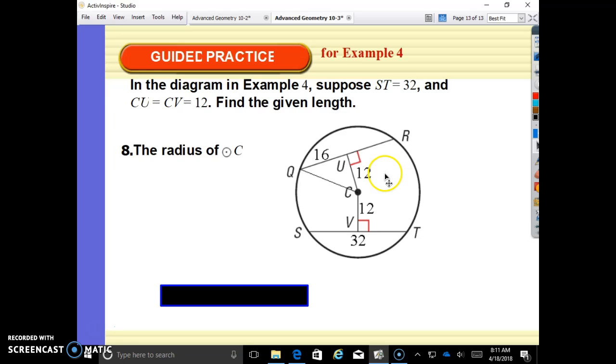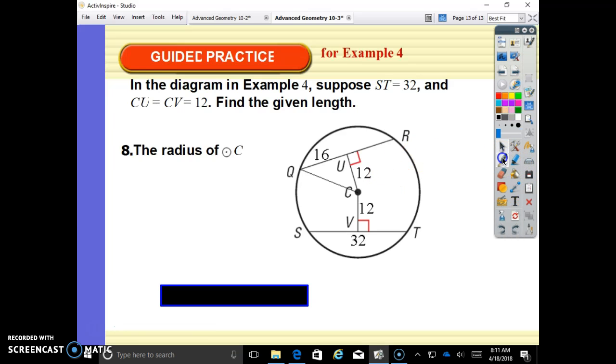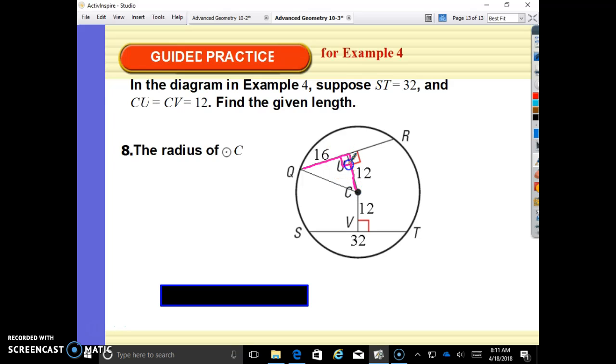What is the radius of circle C? So to find the radius, we know that this is 16, and we know that this is 12, and we know it's a right triangle: 3 times 4, 4 times 4, 5 times 4. This is a multiple of a 3, 4, 5 triangle. If you didn't notice that, 16 squared plus 12 squared equals what squared? 256 plus 144 is 400. 400 equals what squared?